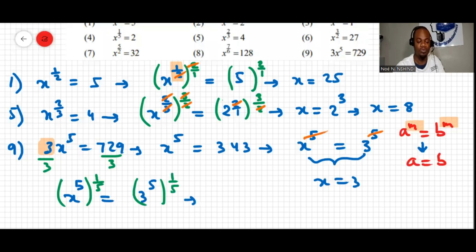Why? Because with the invisible 1, we can simplify 5 and 5, and then we get x is equal to 3. It's quite longer, but I prefer to do this method, applying this law of exponents. Okay, thank you.